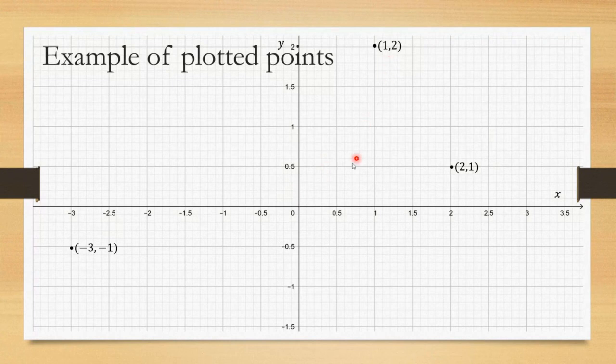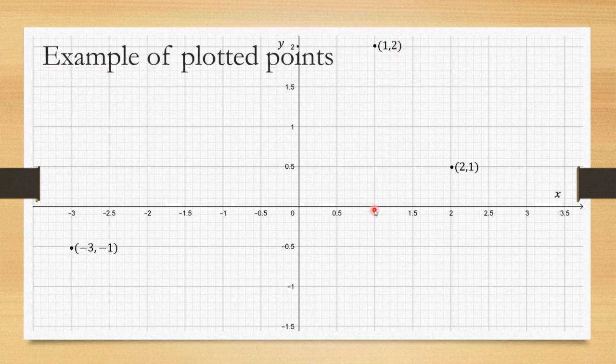So for 1, 2, for instance, what we would do is locate 1 on the x-axis. We found 1, as you can see. Then we're going to go up 2 units. Why is that?